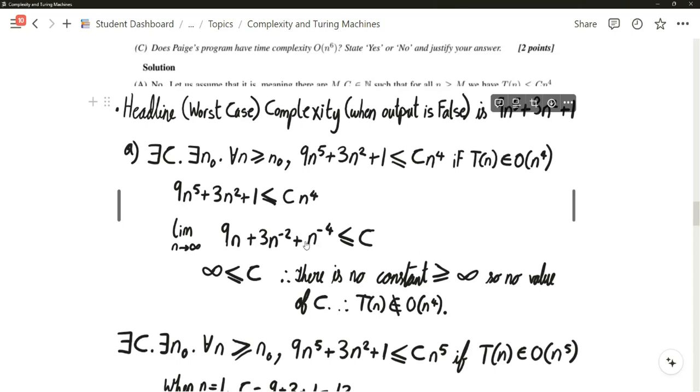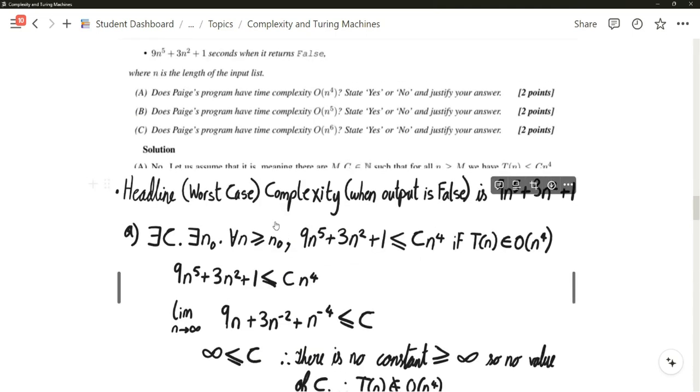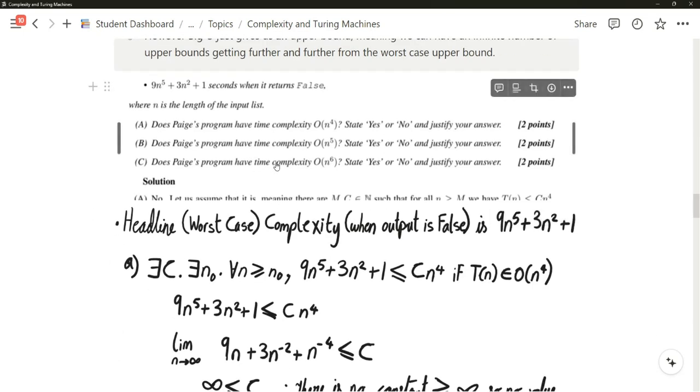If you write just that it overtakes it in words, I don't know if you'd get all the marks. So the complexity of this program is just O of n to the anything greater than or equal to 5. Yeah, that's correct. Yes.